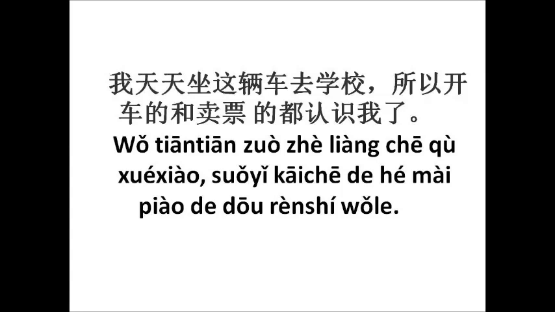Because I go to school every day on this vehicle, that is why the conductor and driver both know me. 所以开车的, the driver, 和买票的都认识我了. So the driver and the conductor both know me.